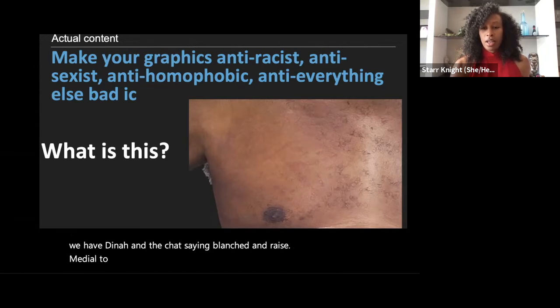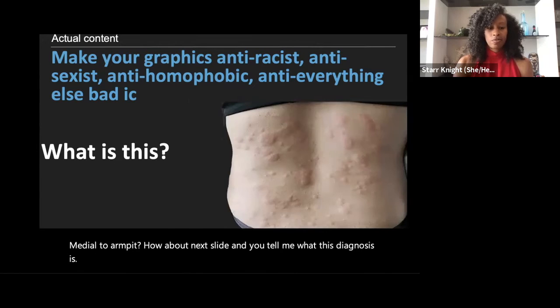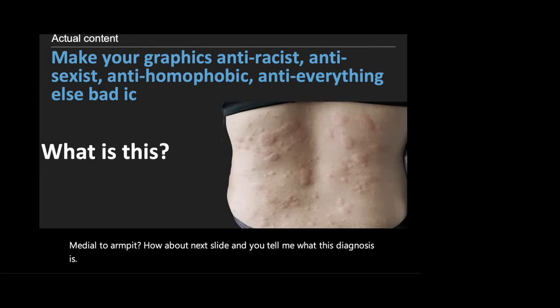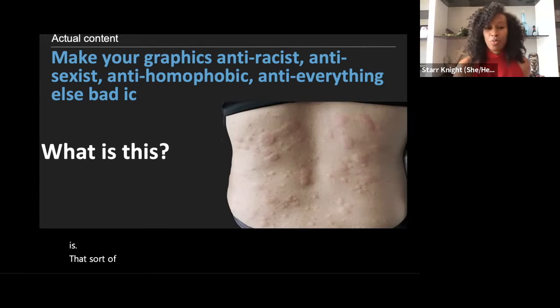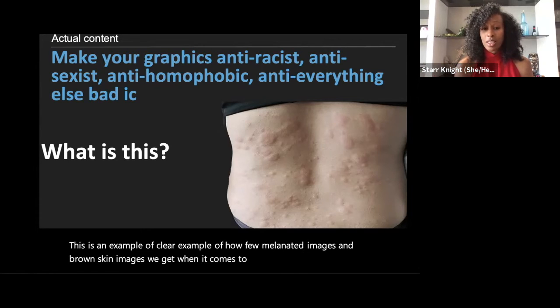How about the next slide? You tell me what this diagnosis is. That's urticaria. So we got two people saying urticaria, and this is a clear example of how few melanated and brown skinned images we get when it comes to dermatologic pathology.